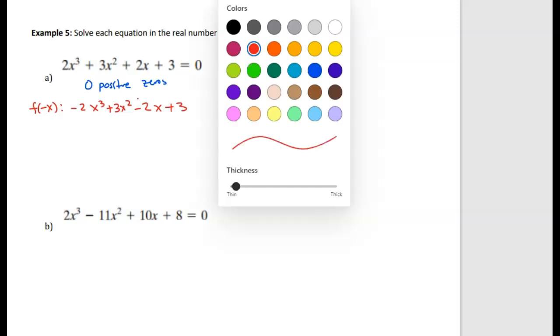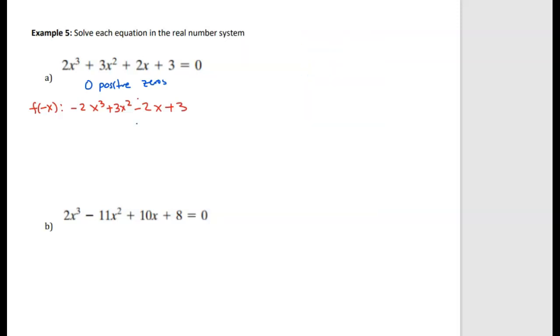And count the sign changes. So I have 1, we have 2, we have 3. So we either have 3 or 1 negative zeros. Okay, remember it's either how many sign changes or you can subtract an even integer. So 3 minus 2 is 1. We can have 3 or 1 negative zeros.